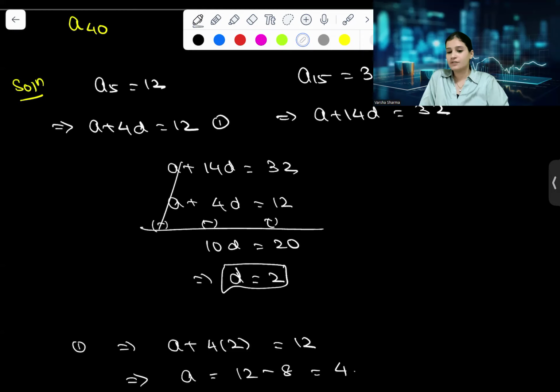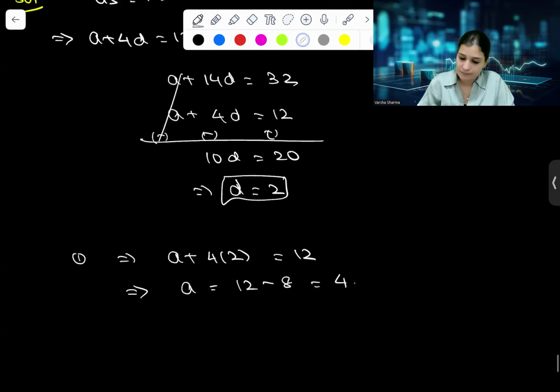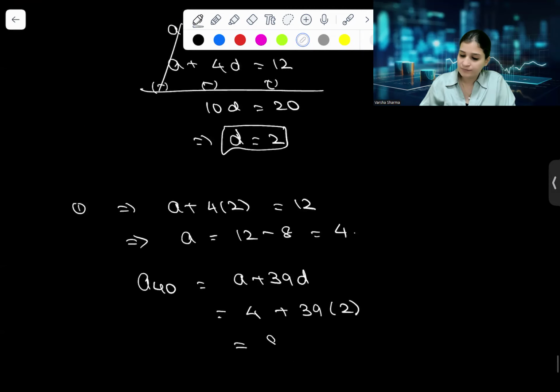Any doubts? To find the 40th term, that is A plus 39D, 4 plus 39 into 2. Final answer, 82. Does anyone have any doubt?